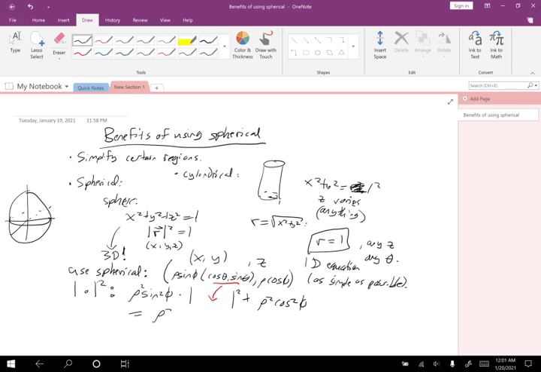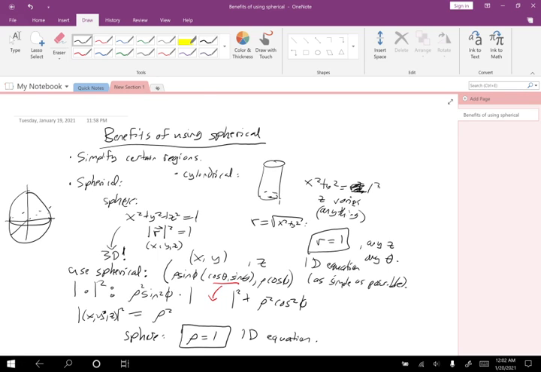And so this is just rho squared. So that's what the length of x, y, z squared is. That means the sphere is also equivalently given just by rho equals 1, the unit sphere. So we've reduced it now to a 1D equation, and we've simplified the sphere as much as possible.